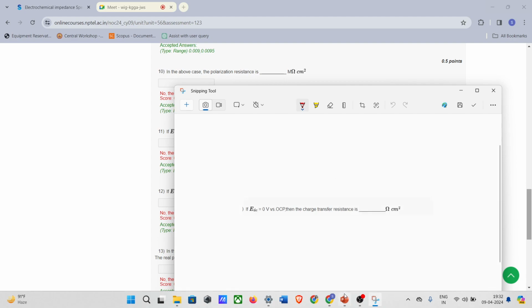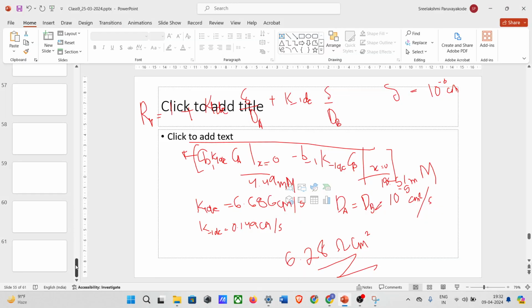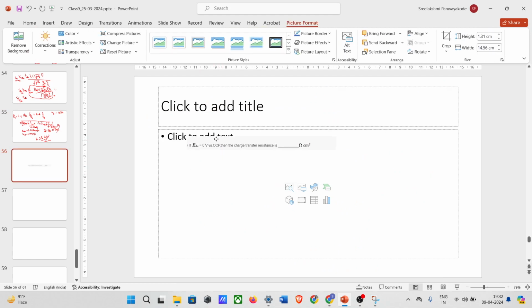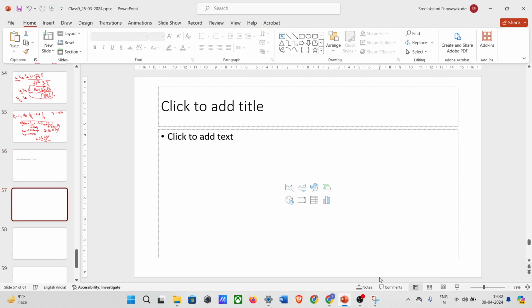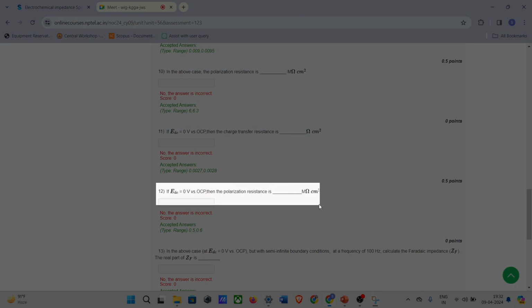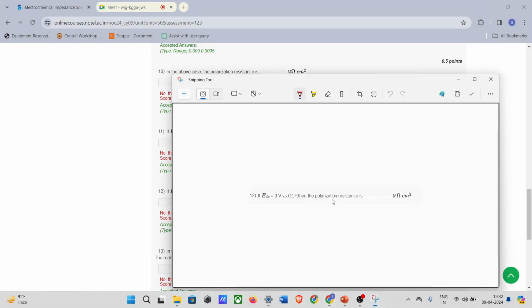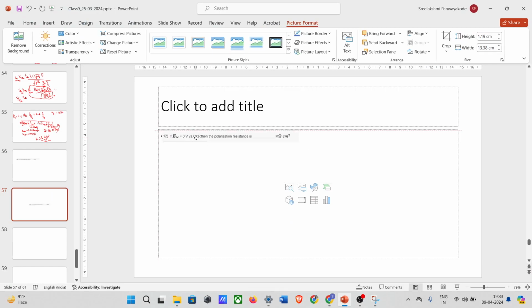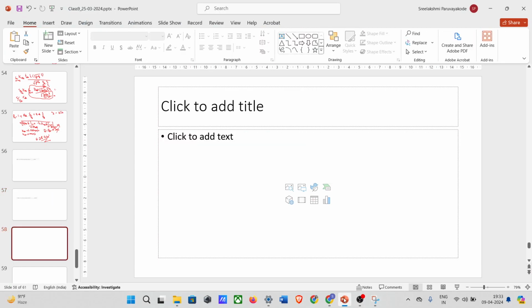So next is the special case: what will happen if EDC equal to 0? We have already done a similar question. So now we are just putting a condition, if EDC equal to 0, how will it be? Are you able to get that answer?